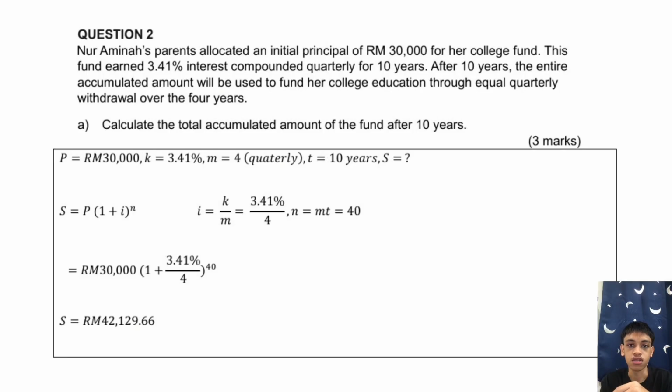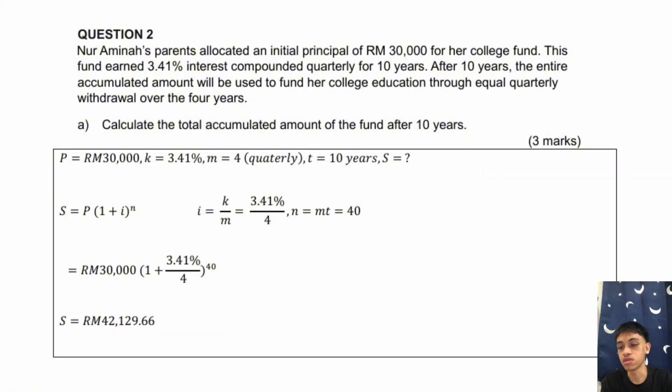But before you calculate it, you need to find the I and the N. So first, I equals K over m, which equals 3.41% over 4. And N is equal to mt, which equals 40.